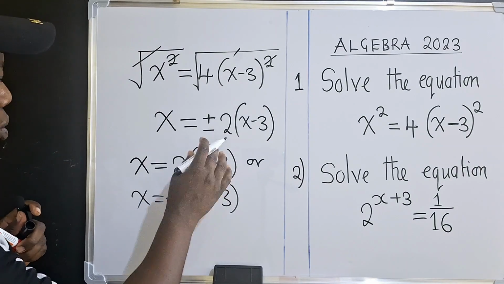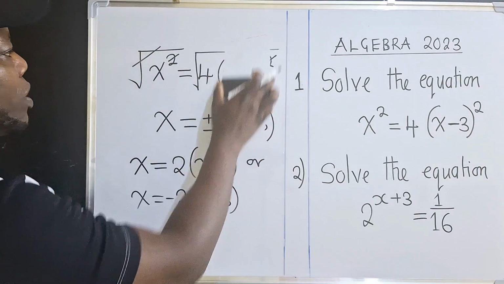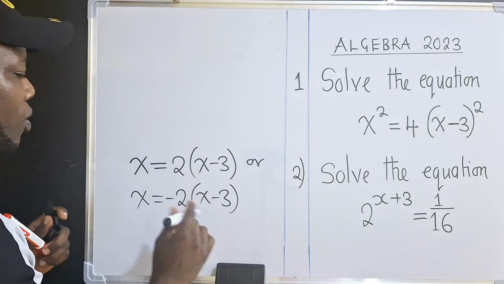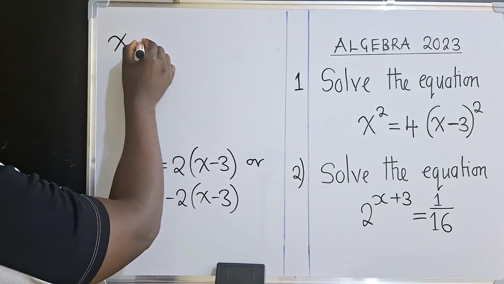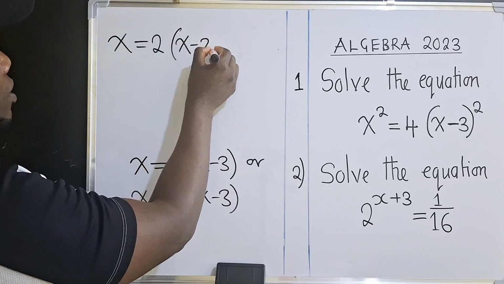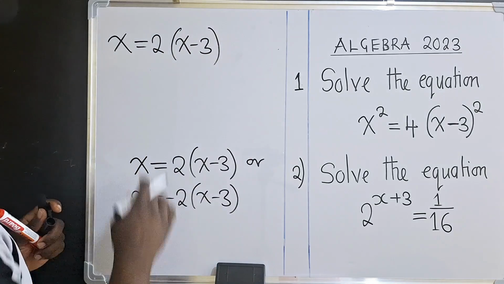Let's solve these two equations. Let me create space here since I'm running out of space. We've got two equations to solve. The first one is x = 2(x - 3).